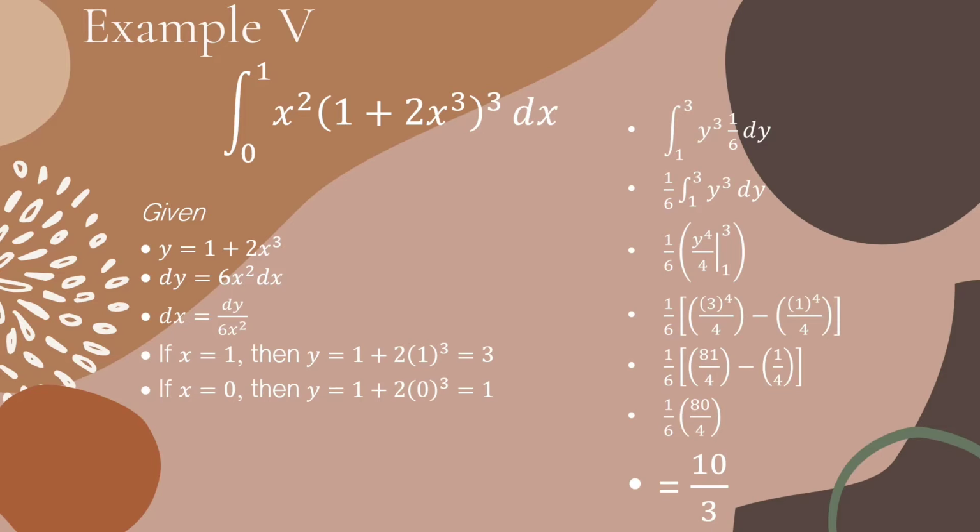Then just substitute 1 over 6 times the quantity of 81 over 4 minus 1 over 4. And then subtract these two, then we'll get 80 over 4 multiplied by 1 over 6, we'll have 80 over 24. Then get the lowest term to get the final answer of 10 over 3.